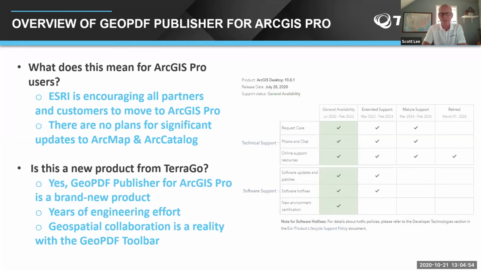And just like with the GeoPDF technology, when you have our GeoPDF toolbar installed on any user's workstation, you really have a collaborative environment, a geospatial collaboration environment for any skill set of user. They don't have to be GIS experts. They can just use that GeoPDF out of ArcGIS Pro with the TerraGo toolbar, and have all of that true collaboration capability again.